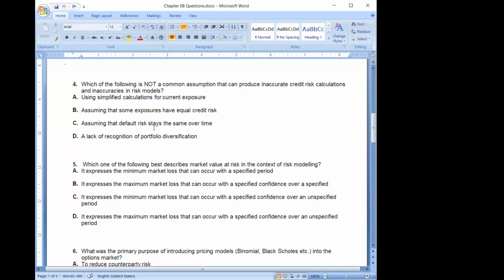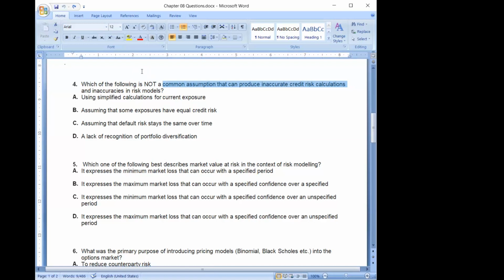So that's why this kind of question you have to be very careful, right? If you don't get the question, read it several times. So that's why I told you the easier thing is to forget about the not part, right? Otherwise you'll get confused. Forget about the not. Then read the rest. Common assumption that can produce inaccurate credit risk calculation. Right? So technically, three of the given answers should be within this. So you need to figure out the one that is not.